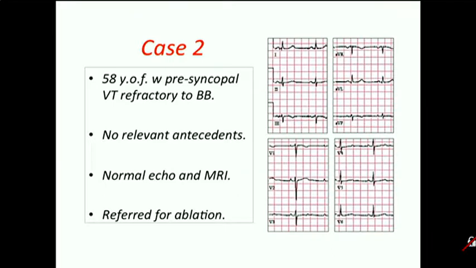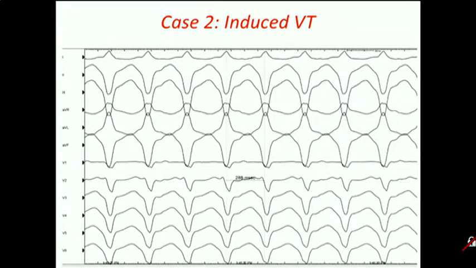This is the second case. We compiled a 58-year-old patient with ventricular tachycardia, presyncope, with no relevant history, normal echo and MRI, referred for ablation. The ECG showed no remarkable changes, and this is the ECG of the tachycardia in this patient.